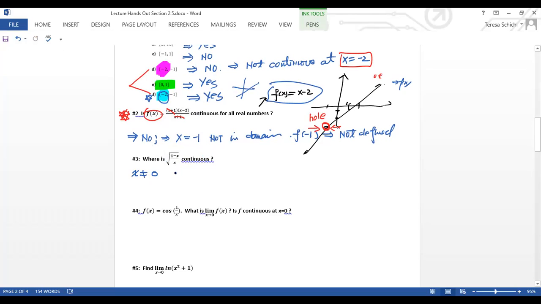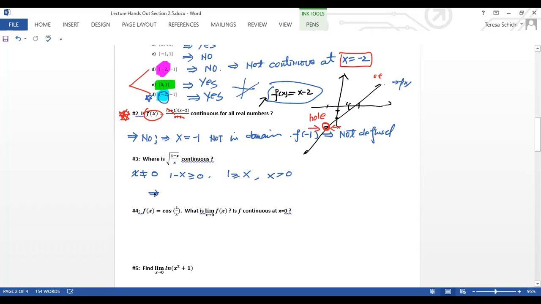Now, what is the other thing here? Because this is an even root, the 1 minus x has to be greater than or equal to 0. So x has to be less than or equal to 1, and cannot equal 0. In the same way, x has to be greater than 0 here.